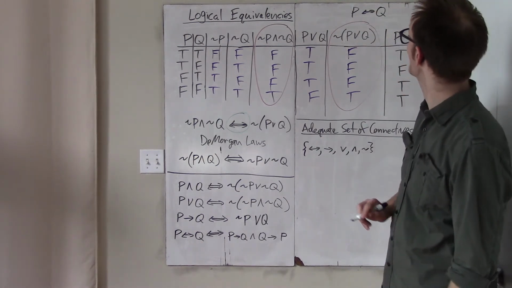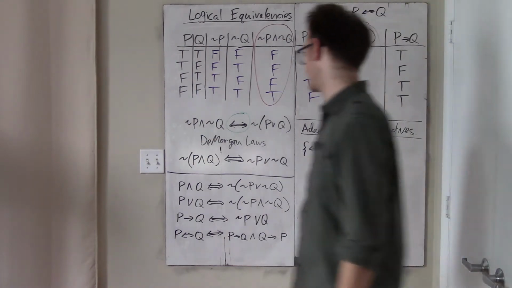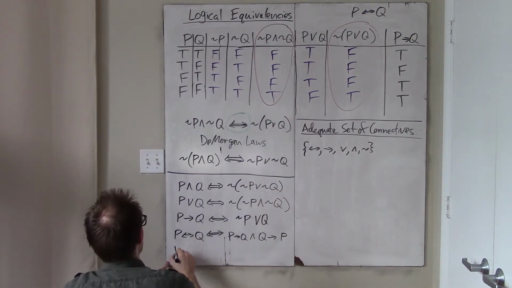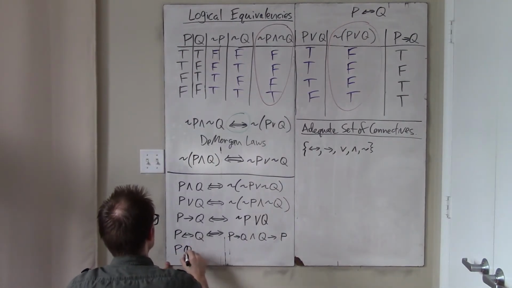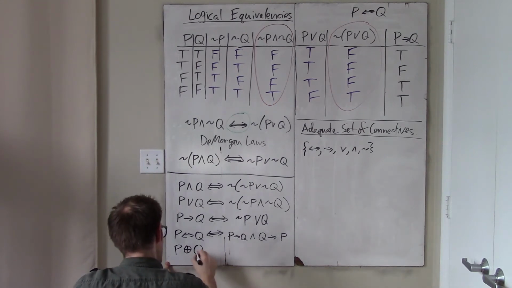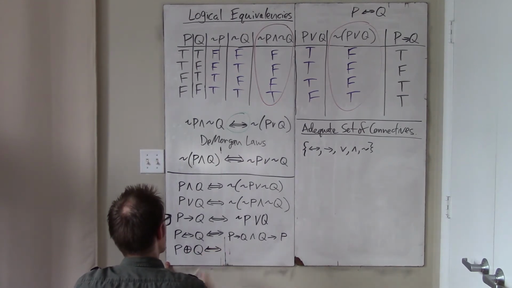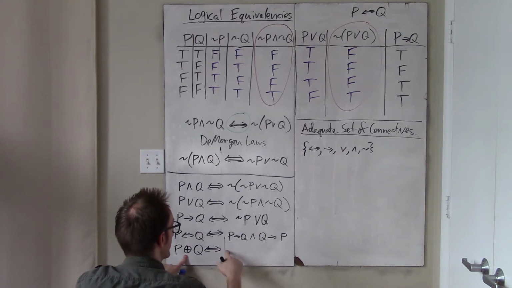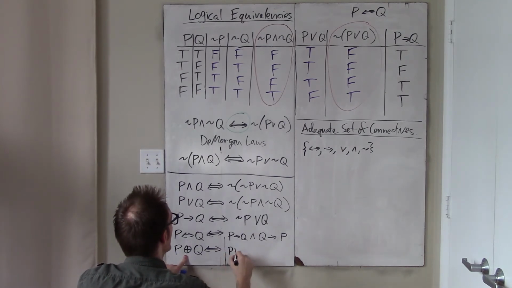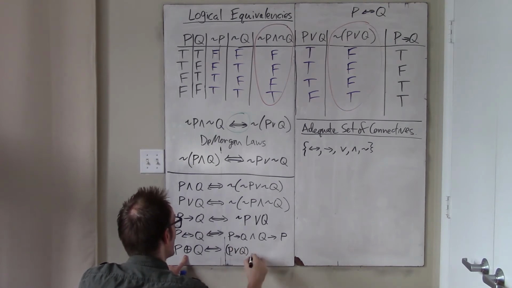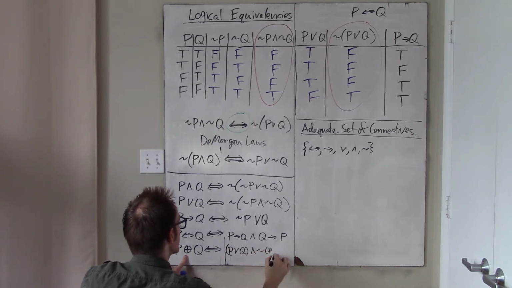Another one that's possibly worth mentioning is exclusive or, which can be expressed in a lot of different ways. One way to express exclusive or is to say P or Q and not both.